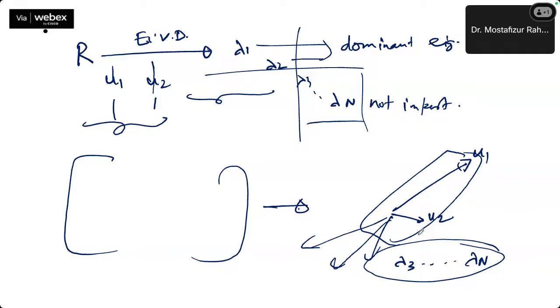Now we'll slowly go to the linear system and the inversion process. Before that, let me first define some other things like the norm of a matrix. Let me define the norms first.